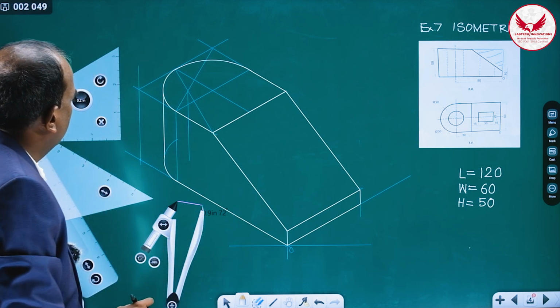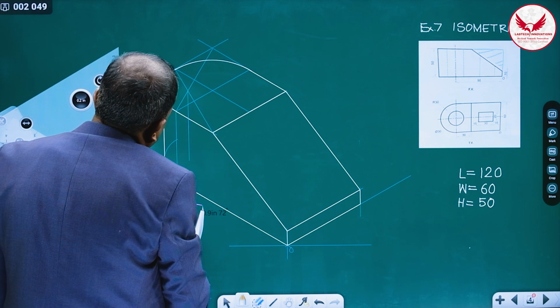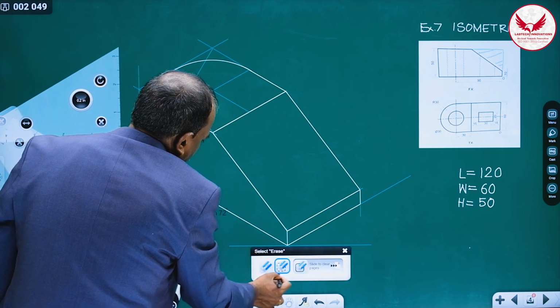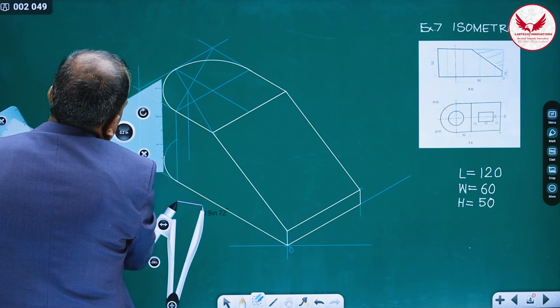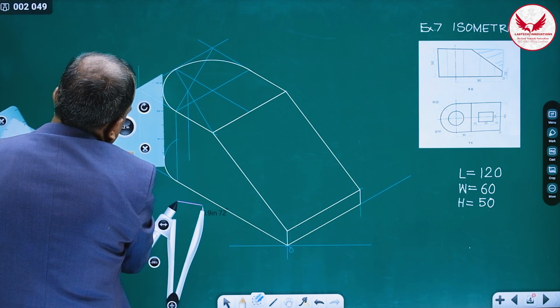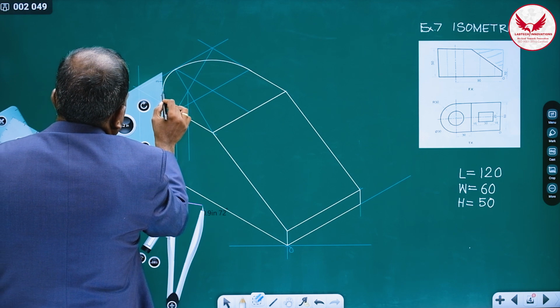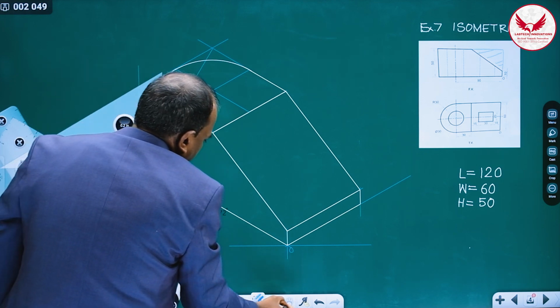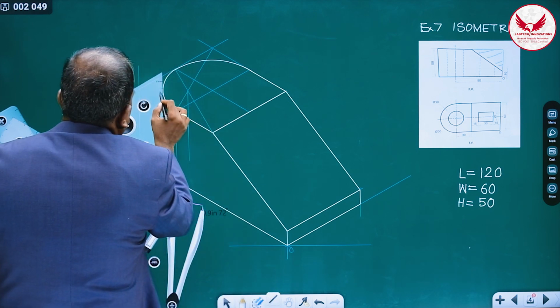Mark this arc. So now that portion, from this, if it is looking a little bit odd, now we can mark the perfect tangent.